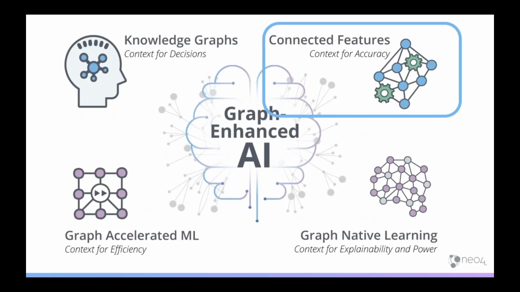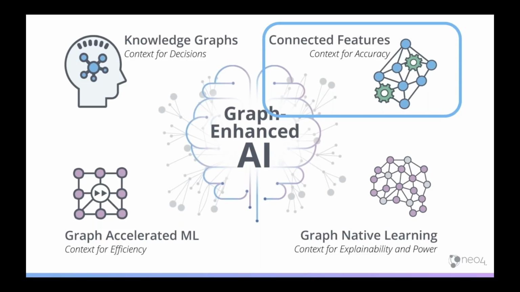As a company, we believe that there are 4 areas in general that graphs are really going to enhance AI. Knowledge graphs to help people make better decisions and build applications that have more context. Accelerating machine learning, so just simply being more efficient about getting our data into our machine learning pipelines and sub-filtering, and being efficient about the way we build smarter applications.